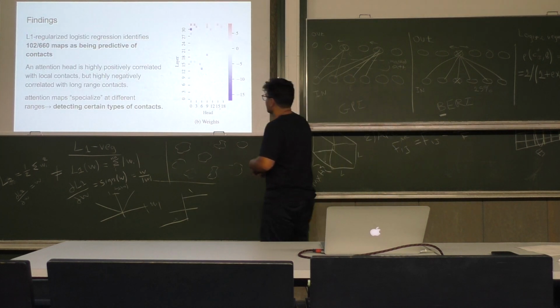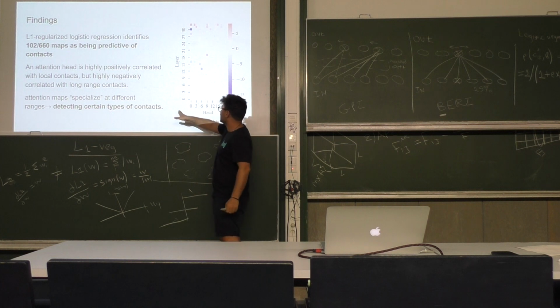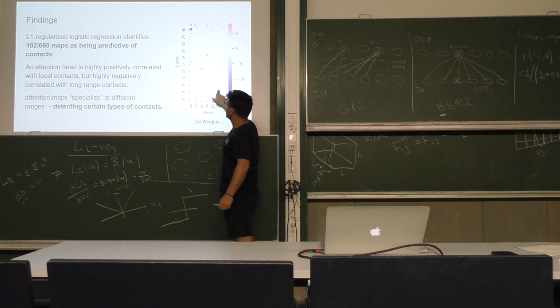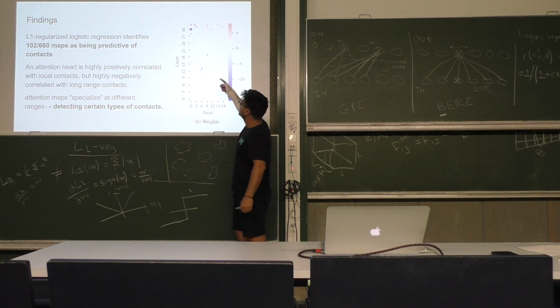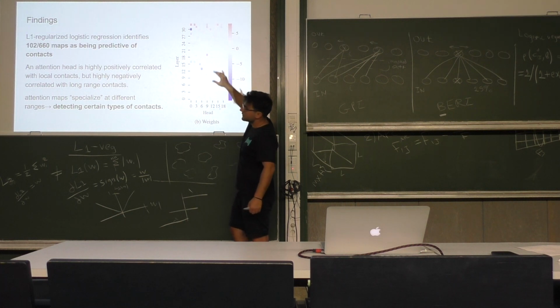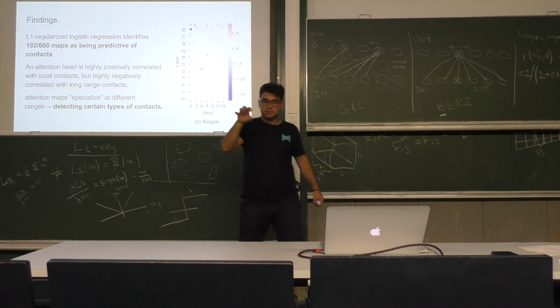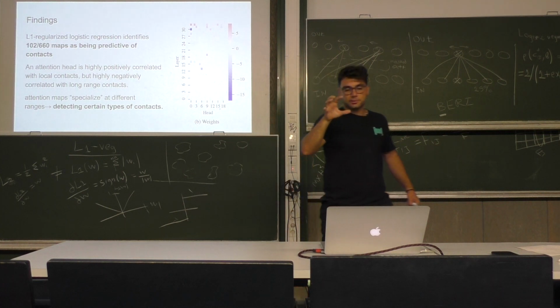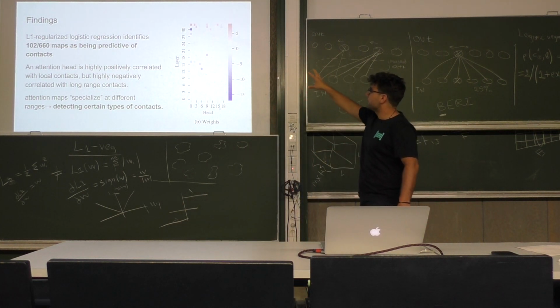And here again is this analysis between layers and heads. Here white means that the weights are discarded from regression, and the non-discarded are visualized with a range of colors from blue to red. So you can see already that there are just a few weights regarding contact predictions that are very useful.